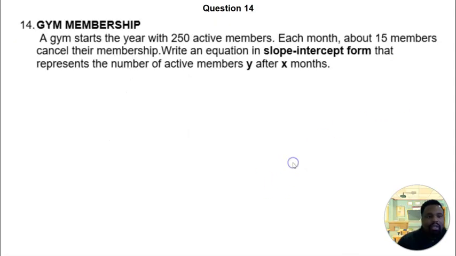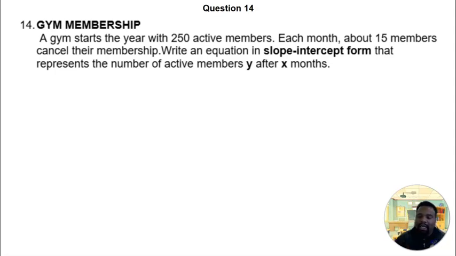All right. Let's look at number 4. Number 4 says a gym starts the year with 250 active members. Each month, about 15 members cancel their membership. Write an equation in slope-intercept form that represents the number of active members after x months. So think about the slope-intercept form: y equals mx plus b. We start the year with 250 members.